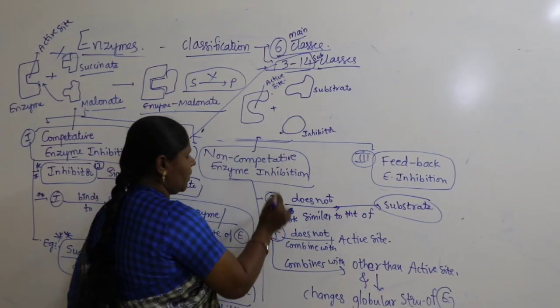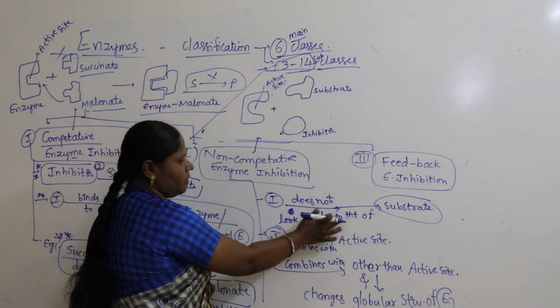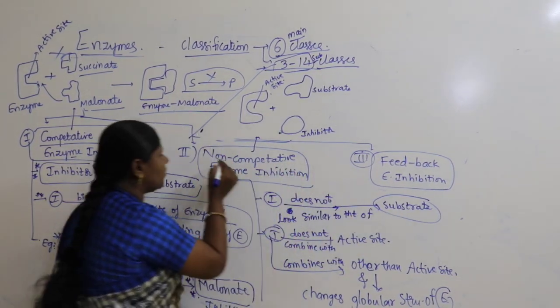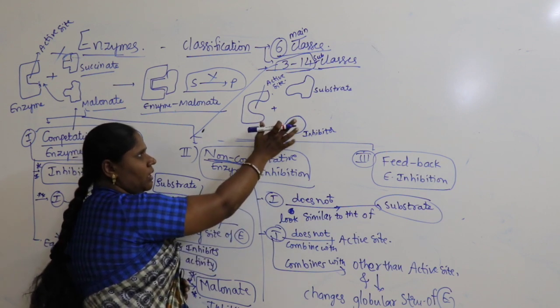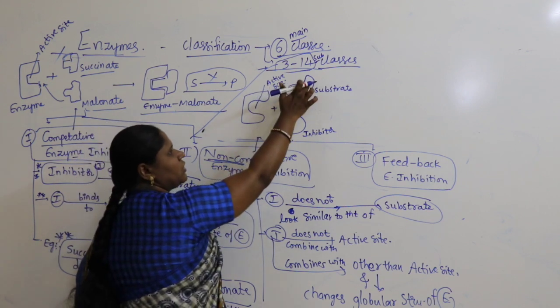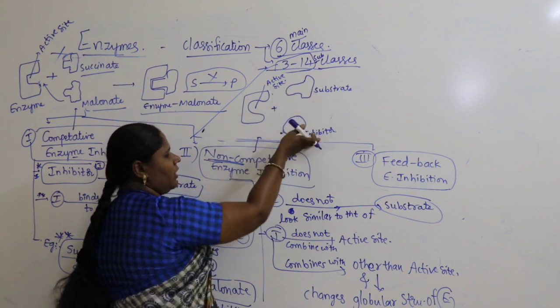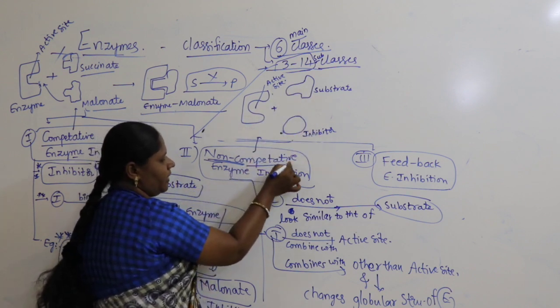So here, first of all, inhibitor does not look similar to that of substrate. That's why it's called non-competitive. Inhibitor structure is totally different from the structure of a substrate. Both are different. That's why it's called non-competitive.